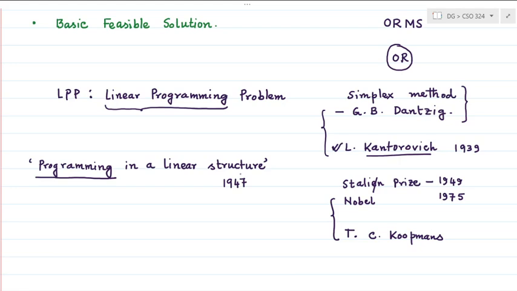He described all his method in verbal language, and after hearing all this conversation, Koopmans said, "Why do you not shorten programming in a linear structure to just linear programming?" So it was Koopmans who suggested the terminology for this entire topic, programming in a linear structure, as linear programming.